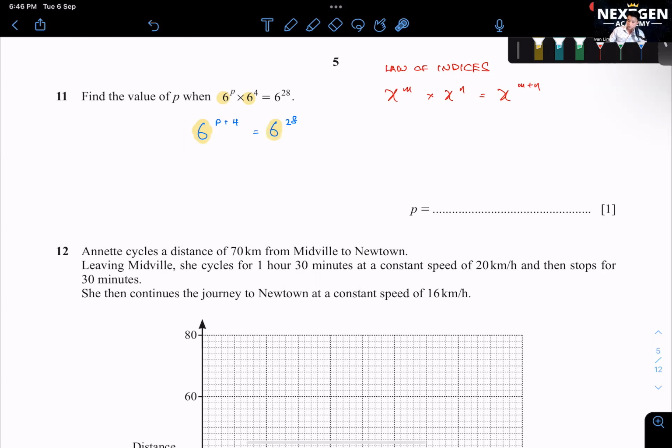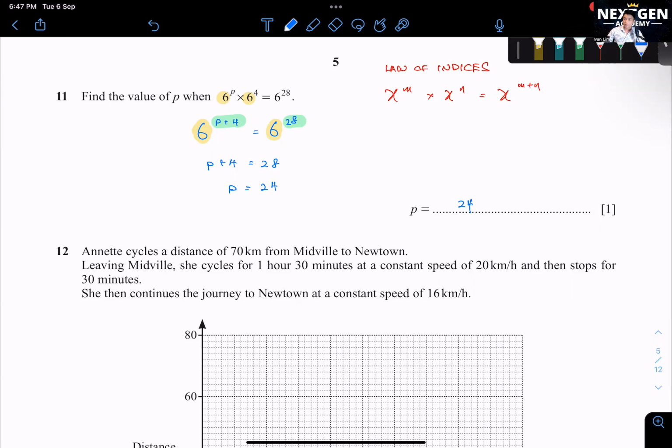After that, I can just equate the powers together. This is how you all solve it. So p plus 4 equals 28. Therefore, p equals 24.